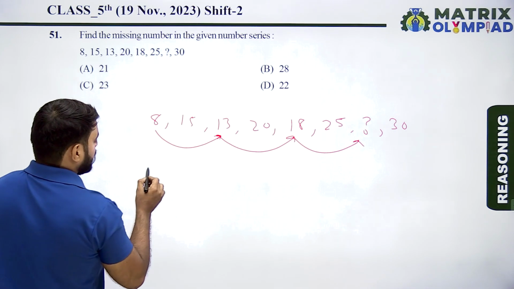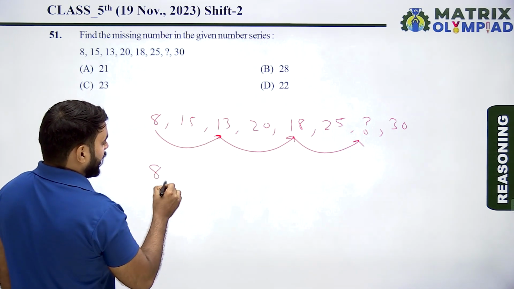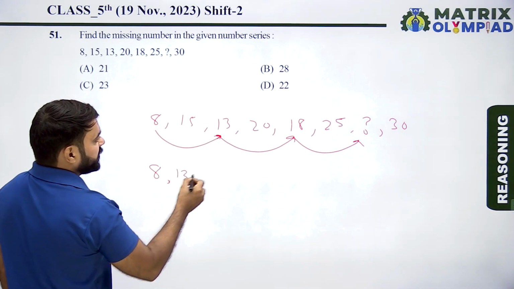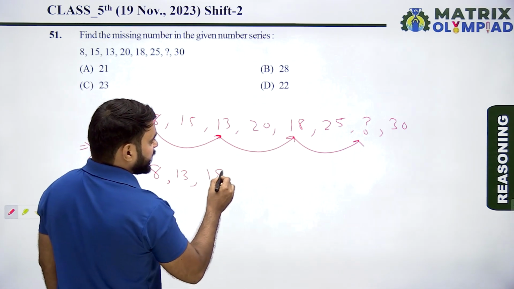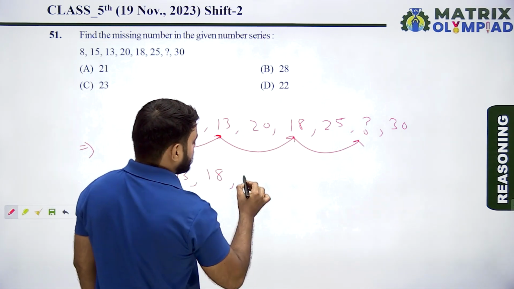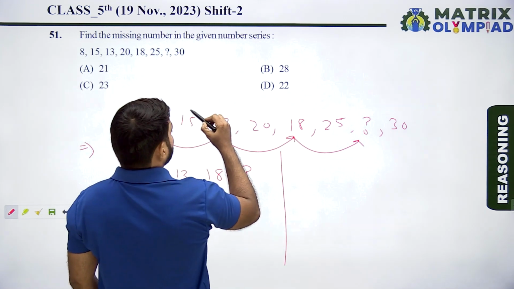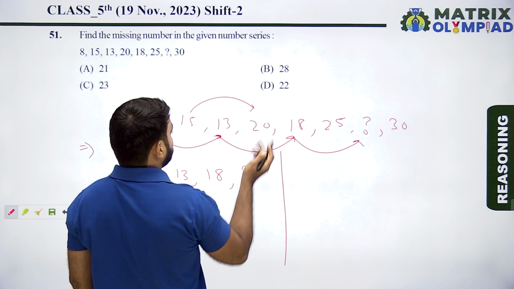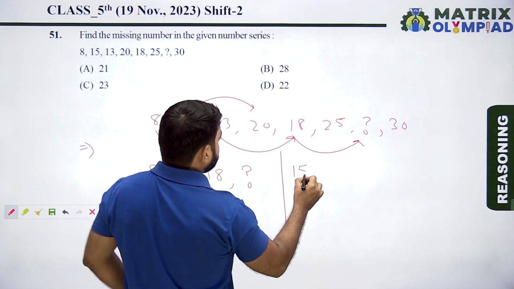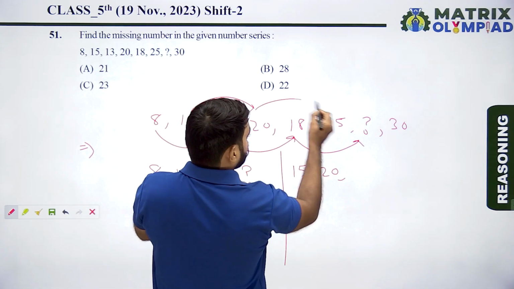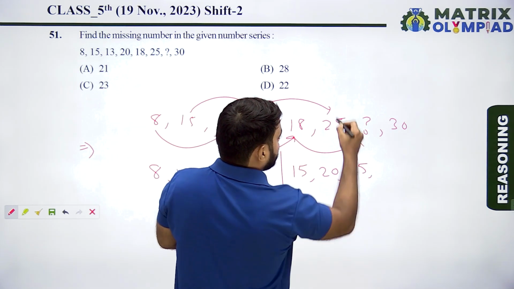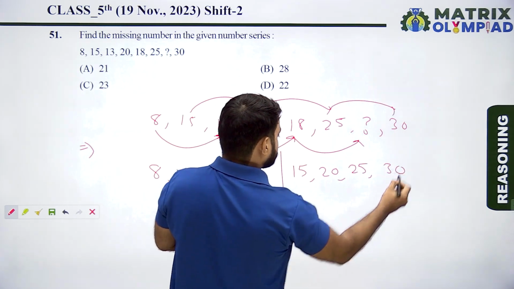So 8, now alternate term is 13, next alternate term is 18, next alternate term is missing. And choose the remaining terms: 15, 20, next is 25, next is 30.